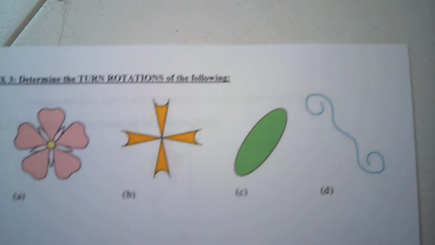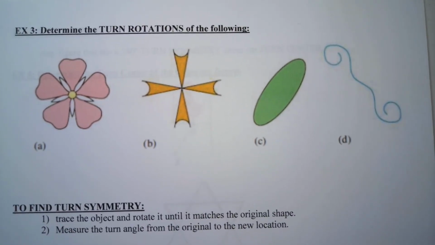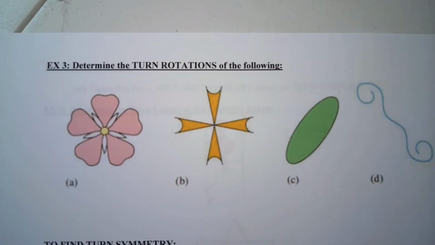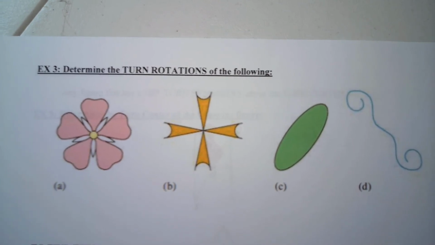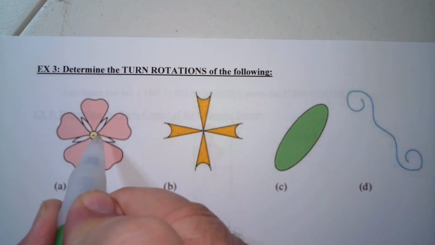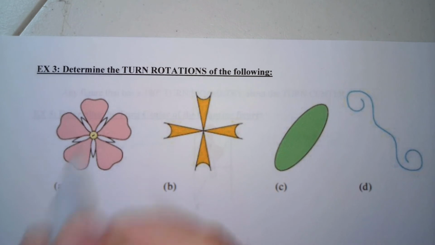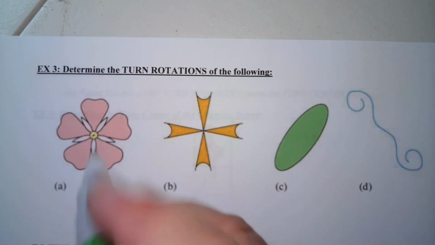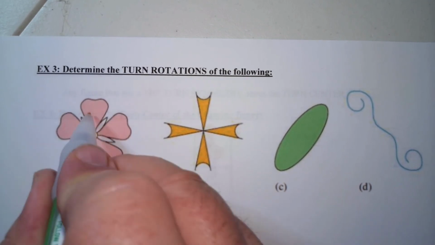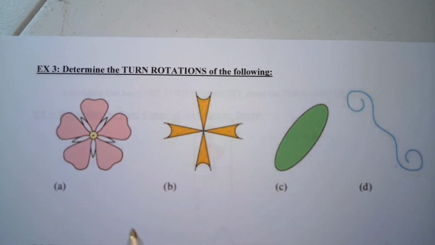Alright, let's look at some more. Determine the turn rotations of the following figures. Alright, so in this first one, if we put a pin right there and rotated it, then all these would be the same. So there's 1 rotation, 2 rotations, 3, 4, 5.